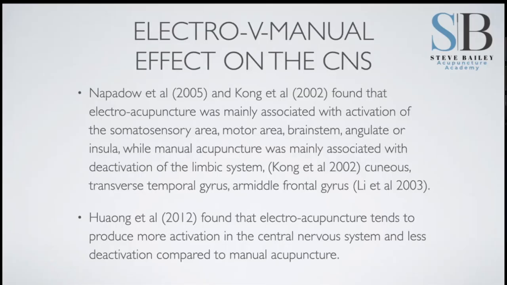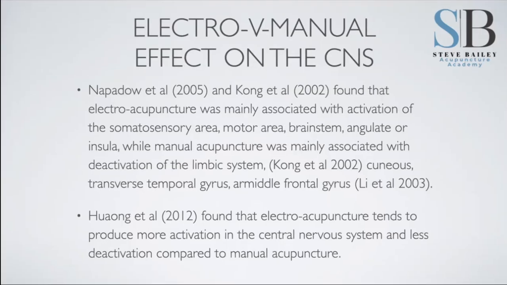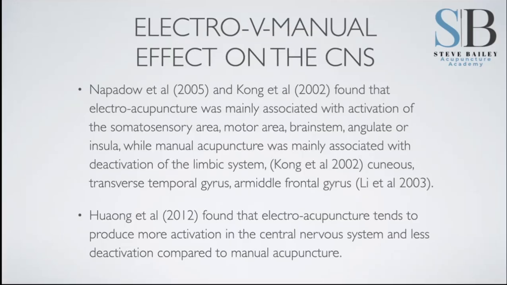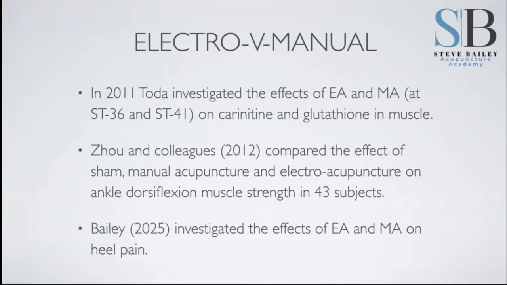Same again, Huang found that electroacupuncture tends to produce more activation in the central nervous system and less deactivation compared to manual. So again, you're seeing a difference between the systems being used as to what response you're going to get.